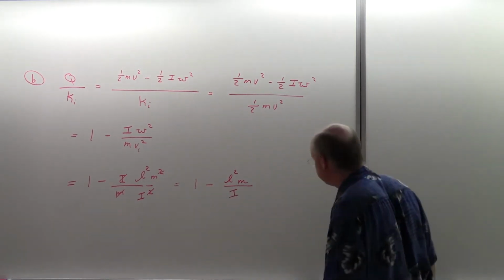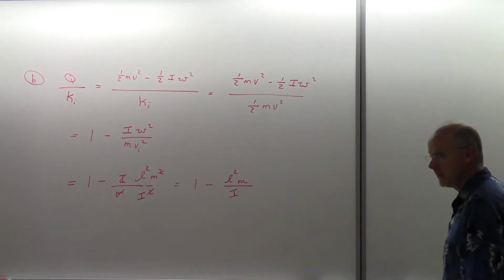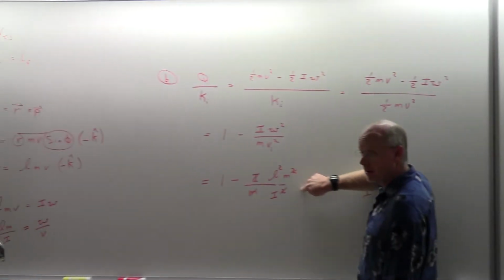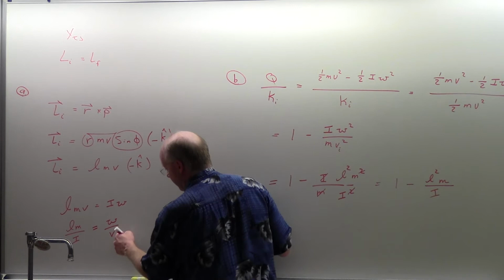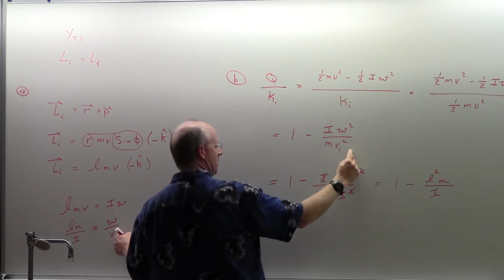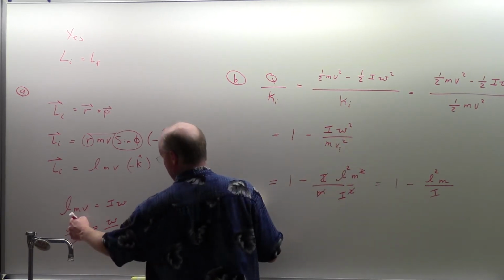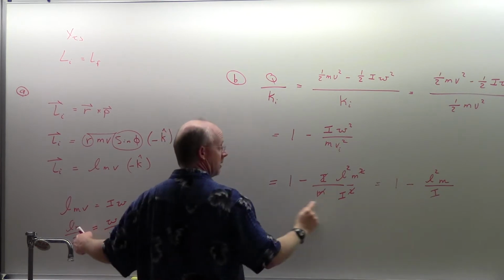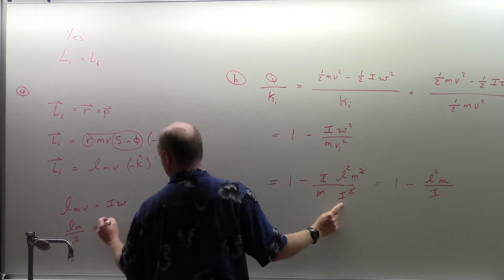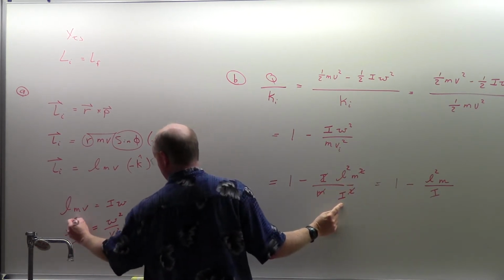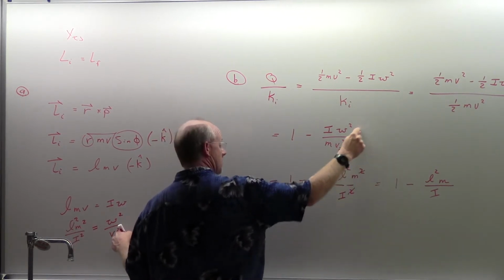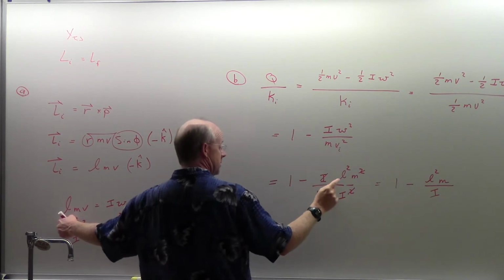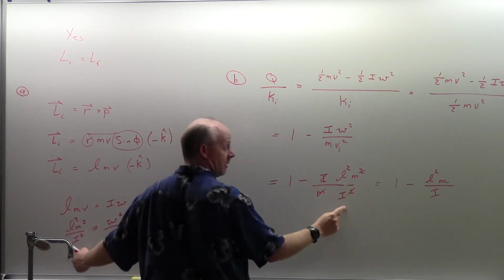Wait, how'd you get to that from there? From here to here? Yeah, from there to there. Omega over V is LMI. So if you square it, omega squared over V squared is L squared, M squared, I squared.